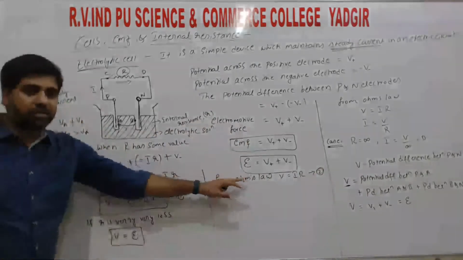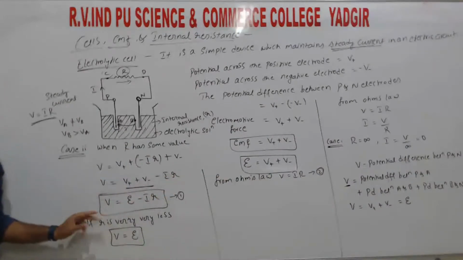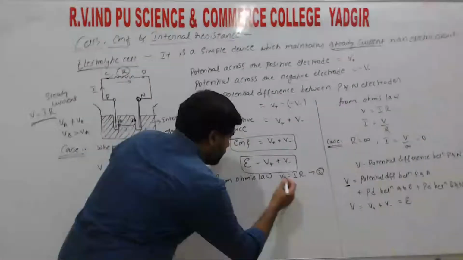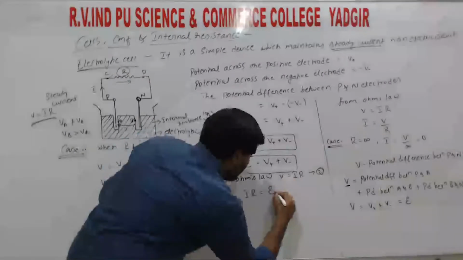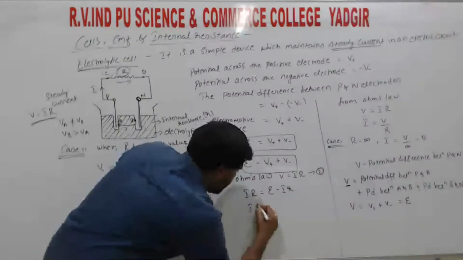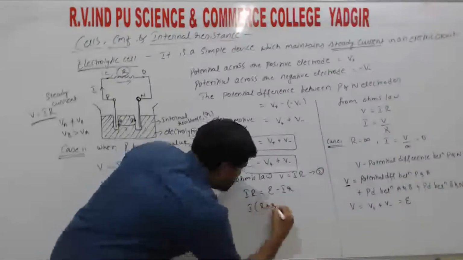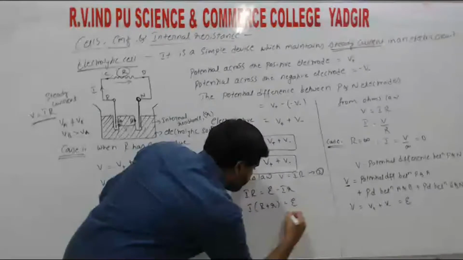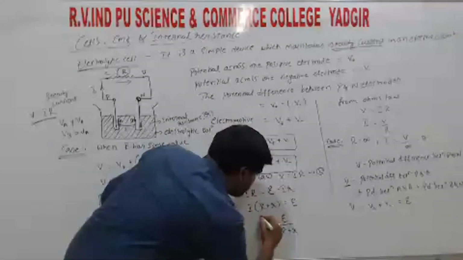In both cases, on the LHS we have the same potential. That's why we can equate the RHS: IR equals E minus Ir. From this we can take I common, I(R plus r) equals E, and I equals E divided by (R plus r).